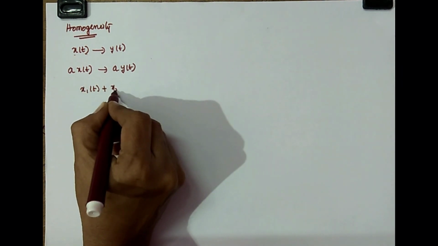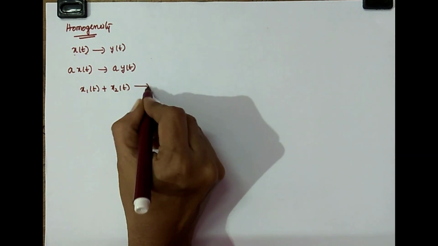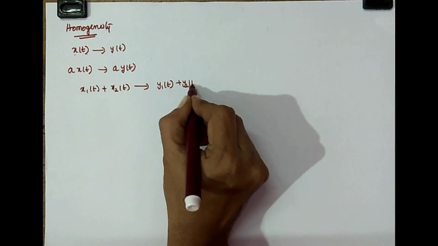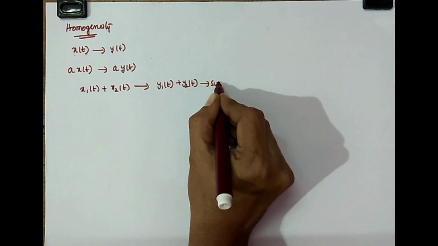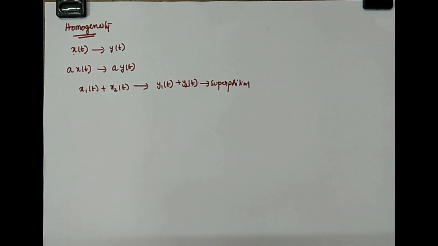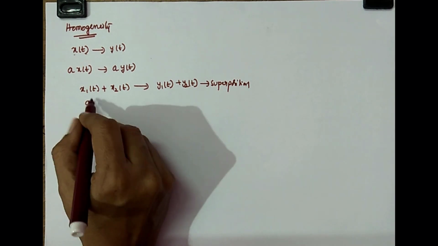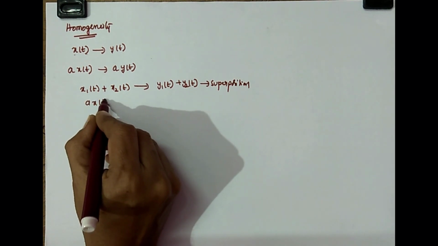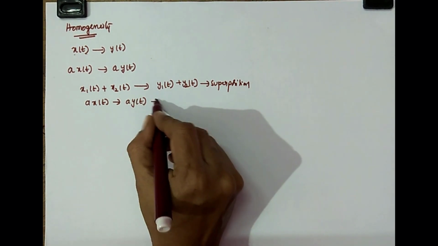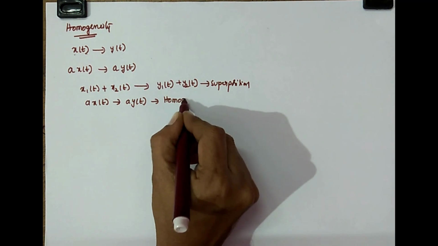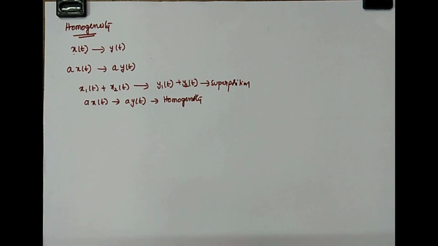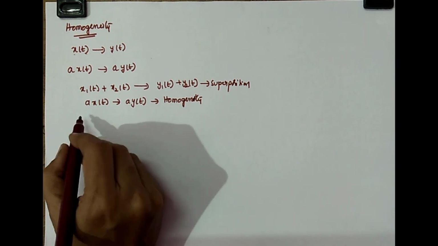Okay, so totally what is superposition and homogeneity? x1 of t plus x2 of t must produce y1 of t plus y2 of t. This is your superposition. And a into x of t has to produce the same a into y of t. This is called homogeneity. If you combine these two, how to combine?